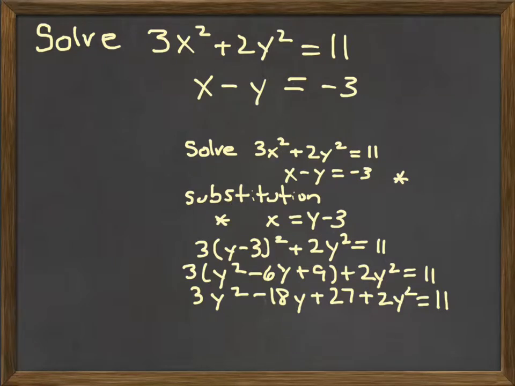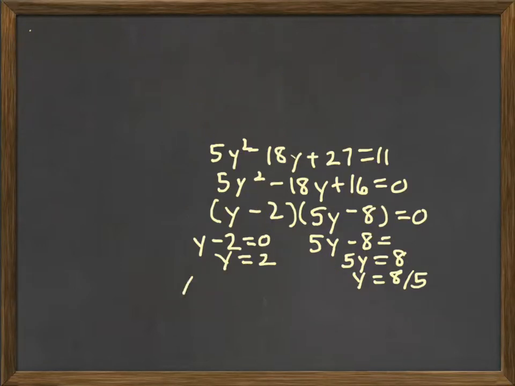So if I look back, x is equal to y minus 3. I'm going to take this x equals y minus 3, and if I put a 2 in there, I get negative 1, so it looks like negative 1 comma 2 is going to be one solution.